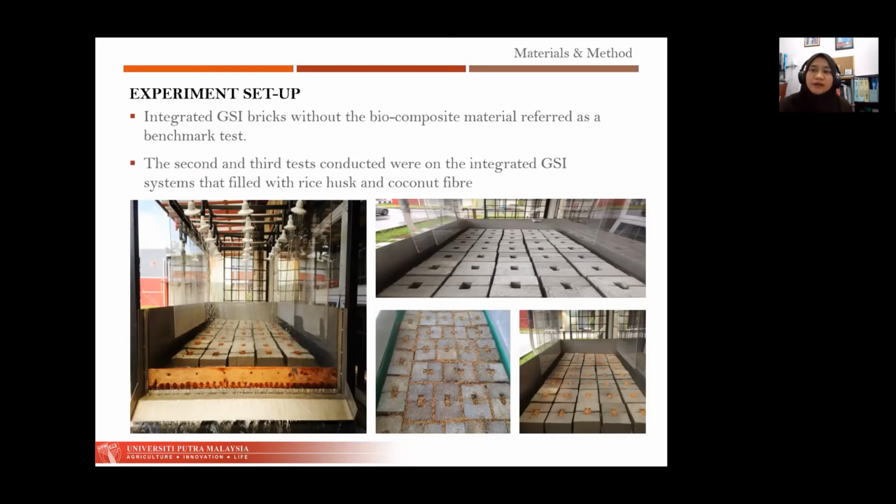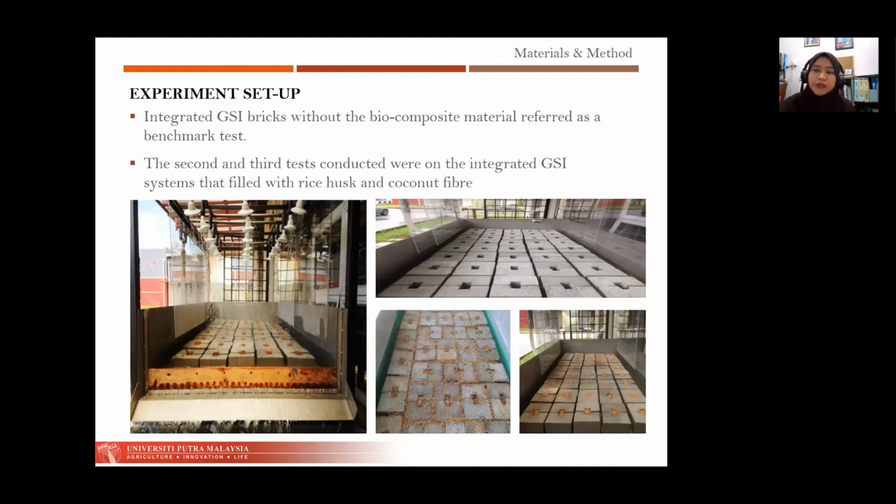This is the area where all the bricks are arranged in place to represent the pavement and filtration system. As shown in this slide, about 106 bricks were cast using the steam mold, and those bricks were then arranged on the bench.